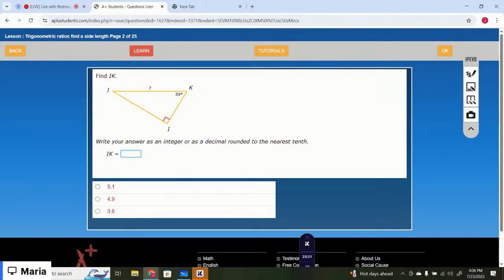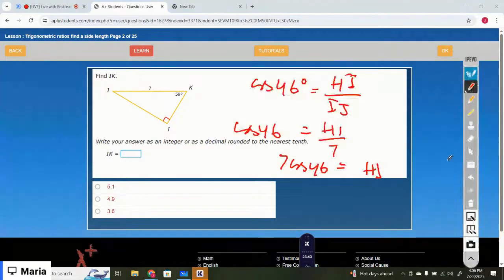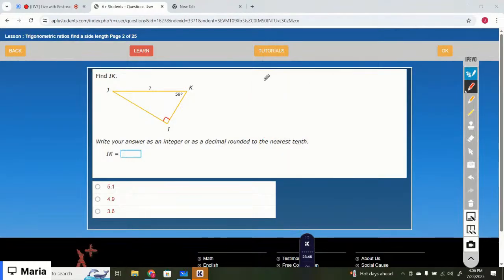Find IK. IK we need to find. So we can go for cos 59 degrees equals IK divided by JK.